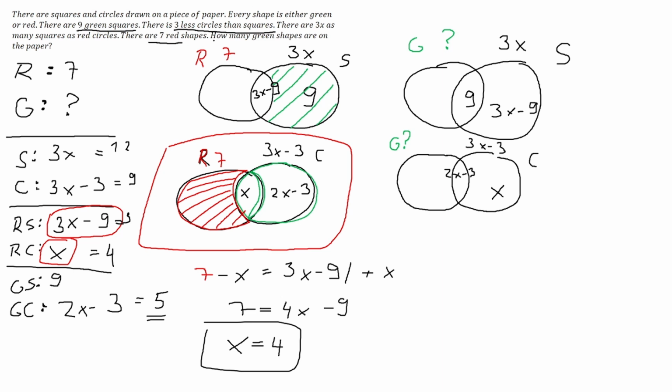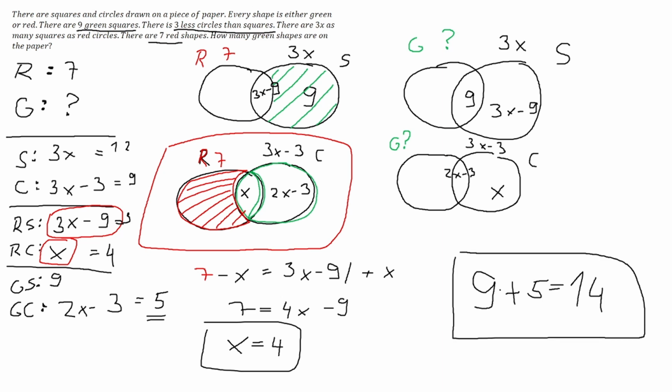But the question is how many green shapes are on the piece of paper? So that'll be 9 plus 5 is equal to 14. And that'll be the answer.